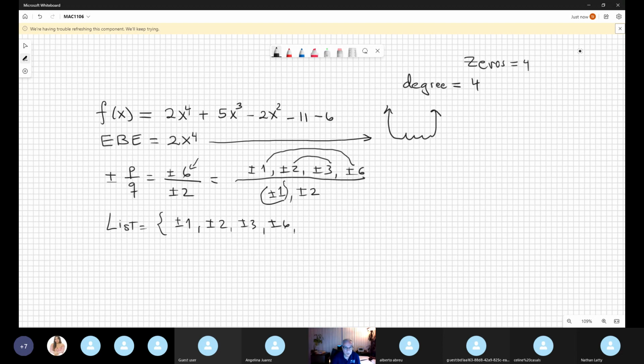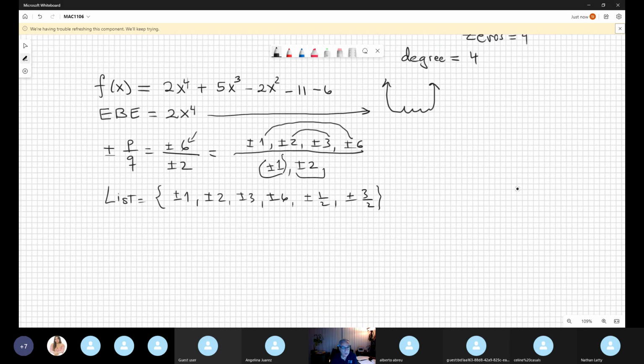However, 2 no, because you consider 2 as 2 over 1. 2 divided by 2 again is 1, is the same, is plus or minus 3/2. 3 divided by 2, and 6 divided by 2 is 3, I have this. And this is my list of the potential zeros. Do you understand very well this or not? Yeah. Yes. Cool.